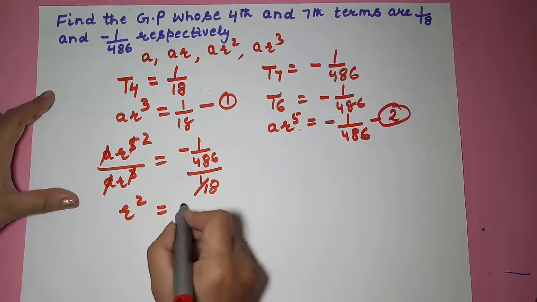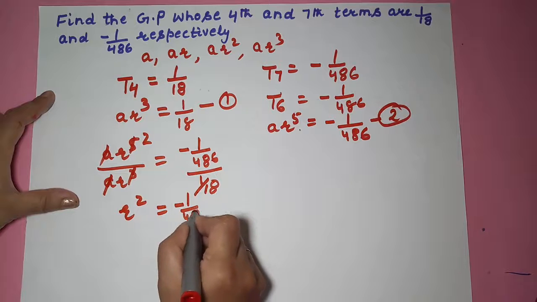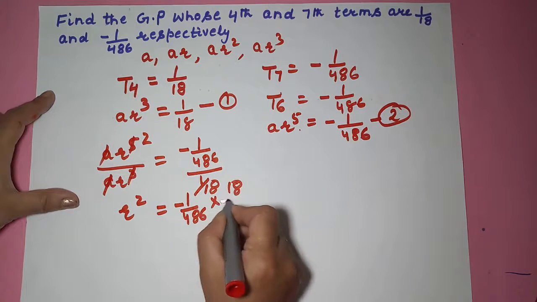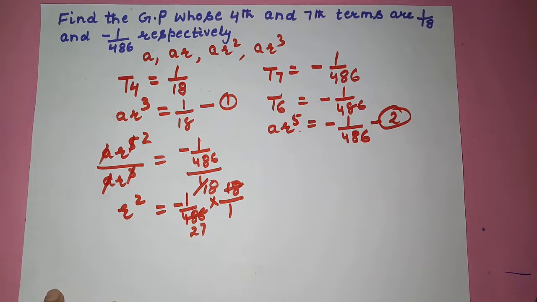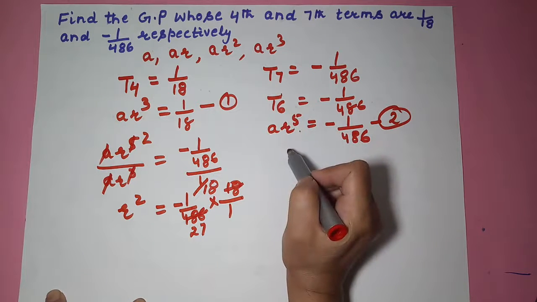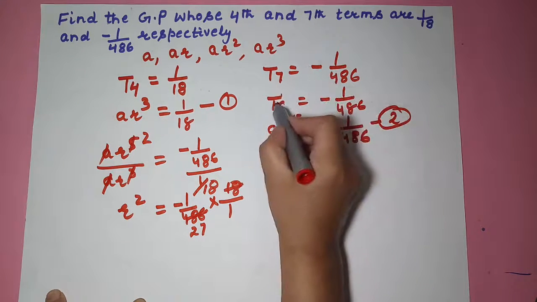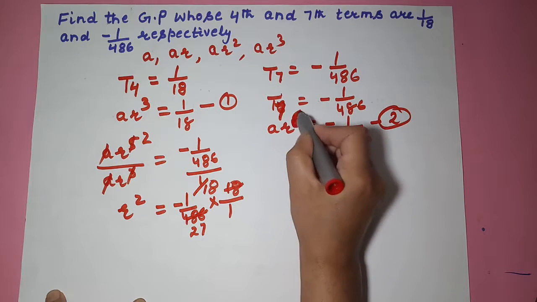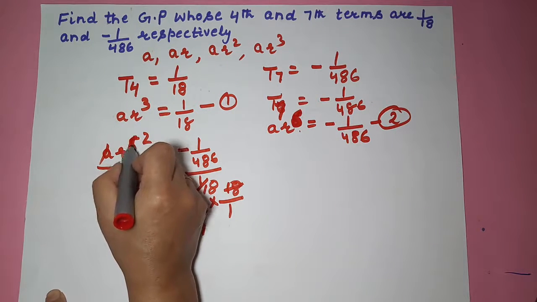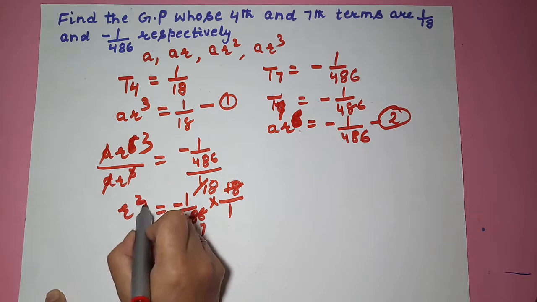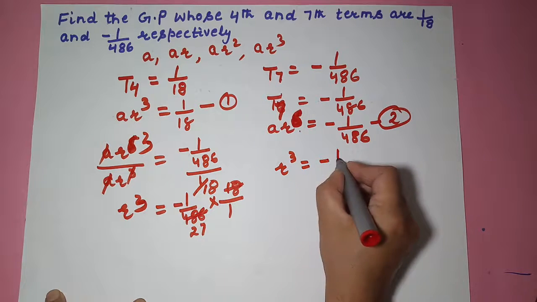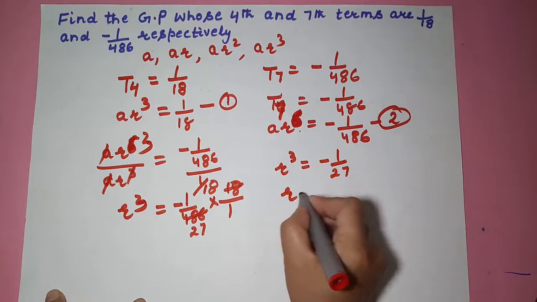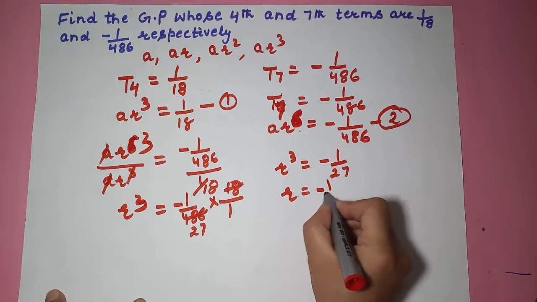So R cube is equal to minus 1 by 486 into 18 upon 1, that is minus 1 by 27. So your R will be minus 1 by 3.